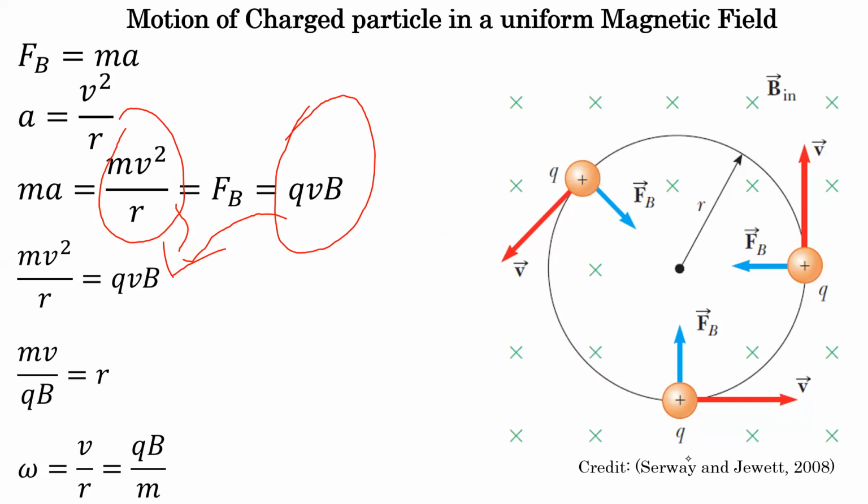Okay, so let's deal with this angular velocity, which is omega. When you think about omega, it tells us the time it takes for you to move round the loop, how fast you move round a cycle, right?